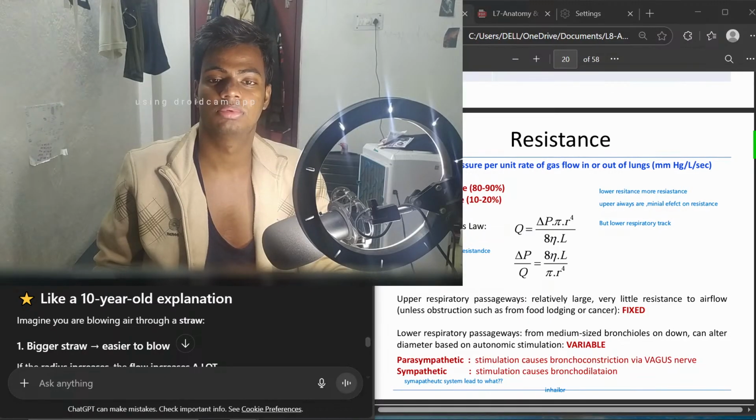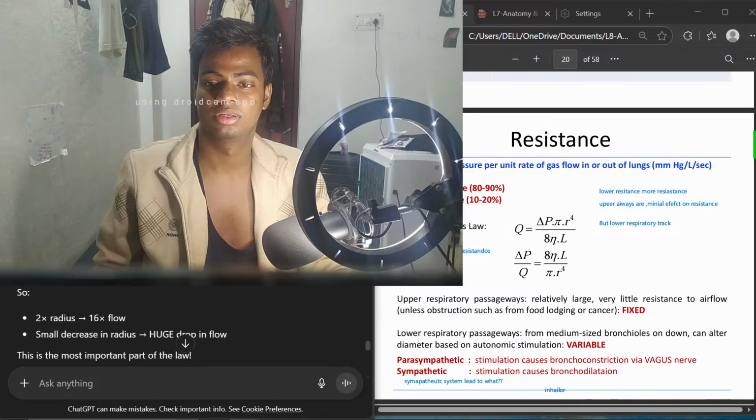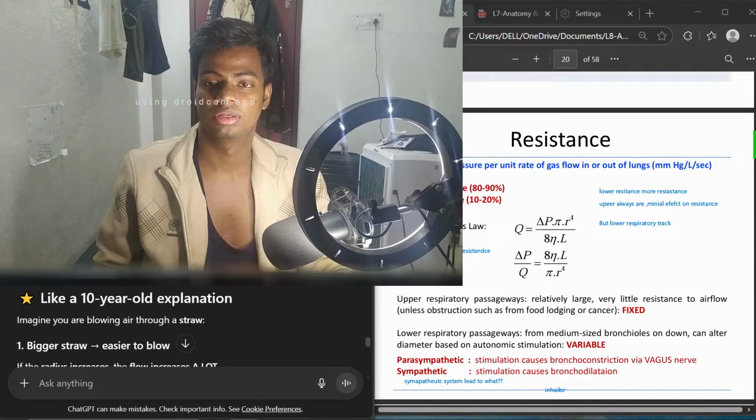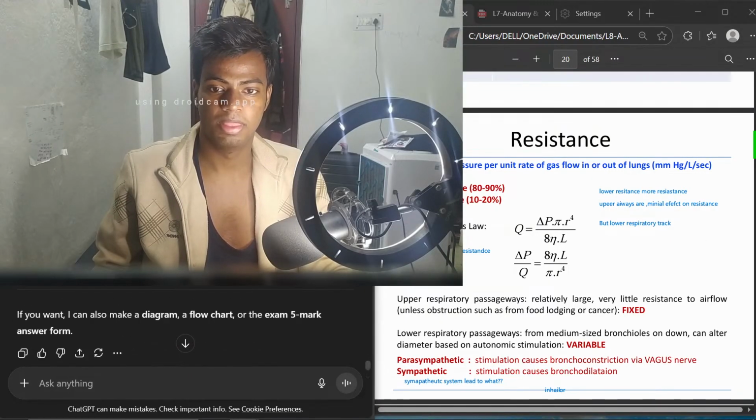More the length, the more the resistance. Q is the flow rate.